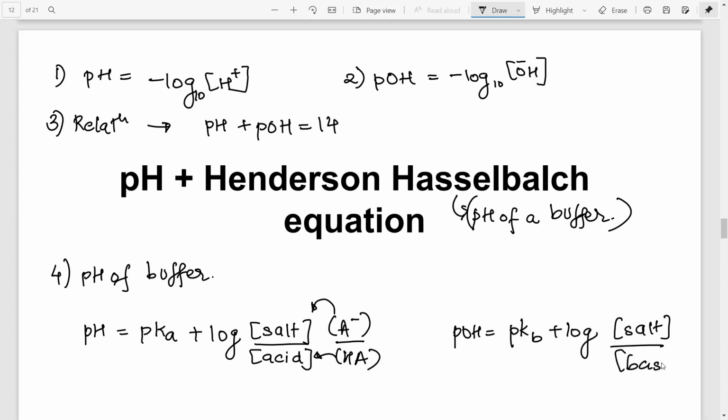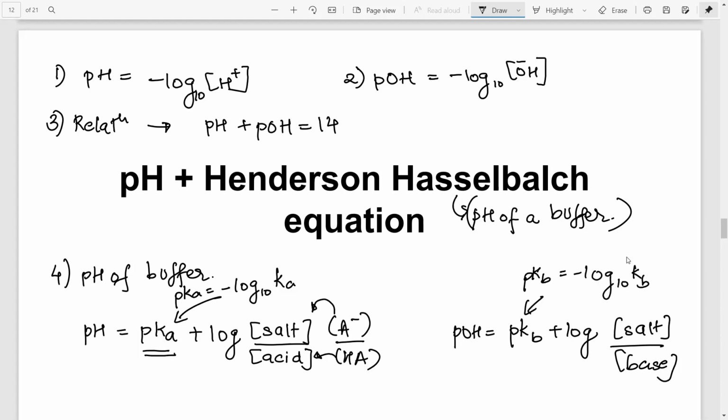Now, what are this pKa and pKb? pKa is equal to negative log to the base 10 of Ka. Sometimes they may directly give you the pKa value, sometimes they may give you Ka, and then you have to find pKa from it. pKb is similar, so pKb is nothing but minus log to the base 10 of Kb.